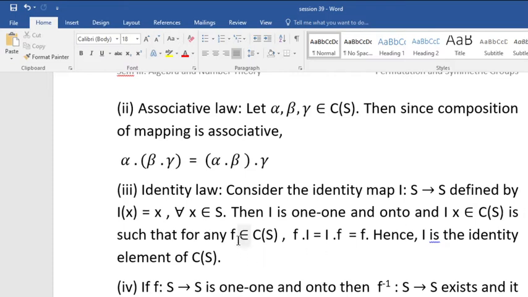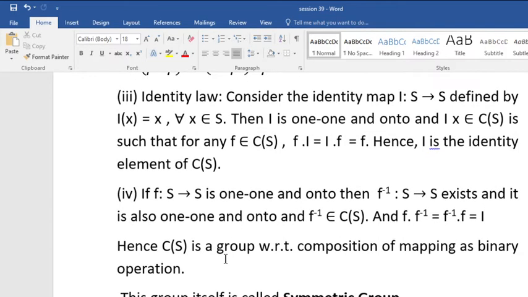Consider any other permutation F belonging to C(S), then we know that F∘I = I∘F = F, because I is the identity mapping, and hence if you operate with F, again we get the same element F only. Hence I is the identity element, which belongs to C(S) as it is 1-1 and onto, and hence we can say that the identity law will be satisfied.